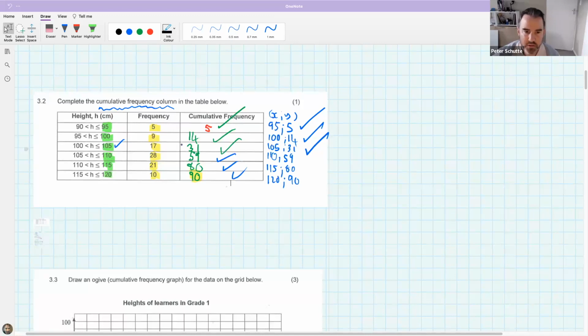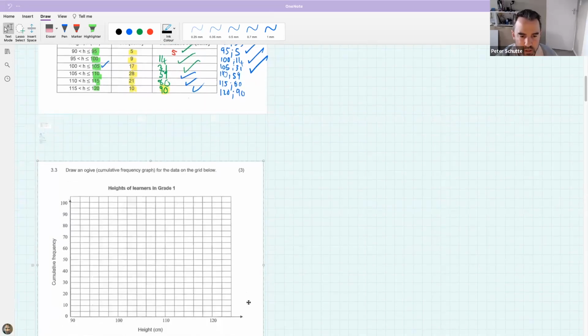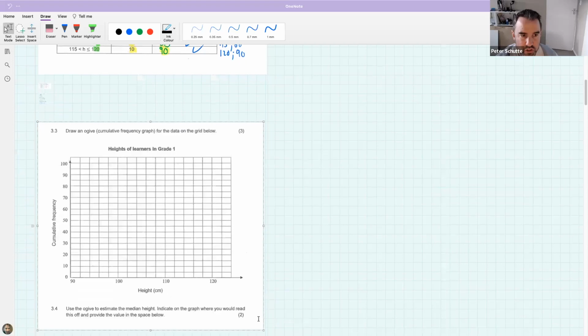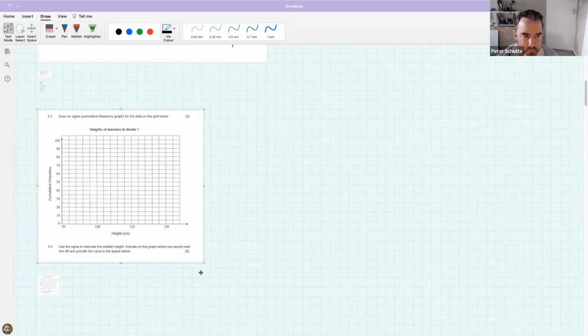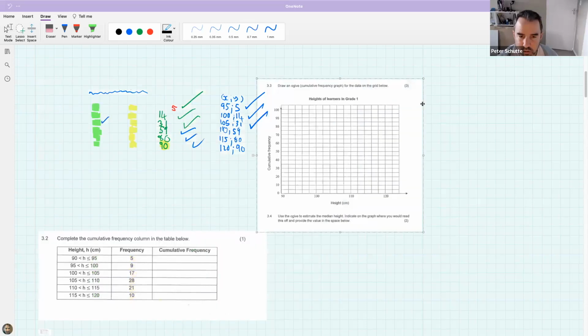And so what I'm going to do is, and often in exams, they will give you a table on which you can draw your ogive. If not, you can just kind of make one yourself. But let me, maybe I can use the power of, oh, no, let's not get too clever here.